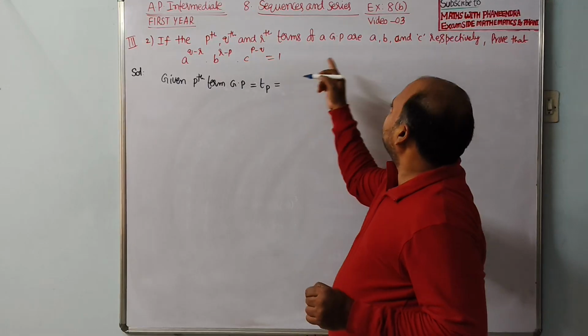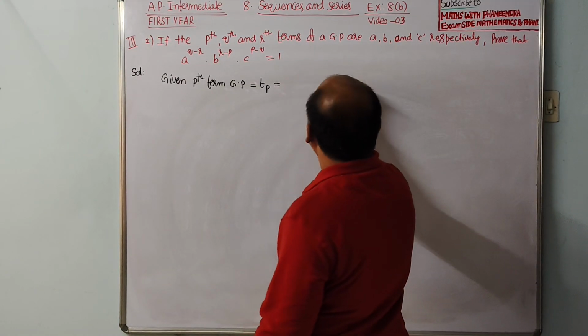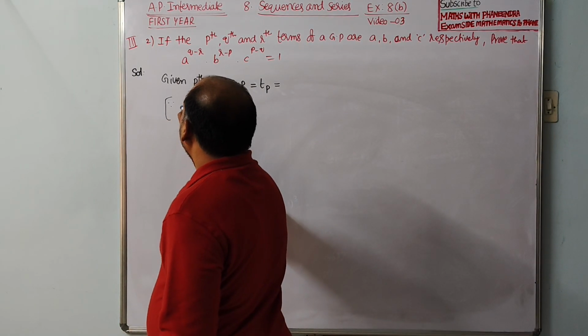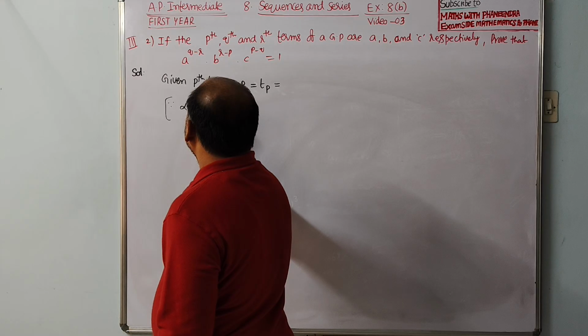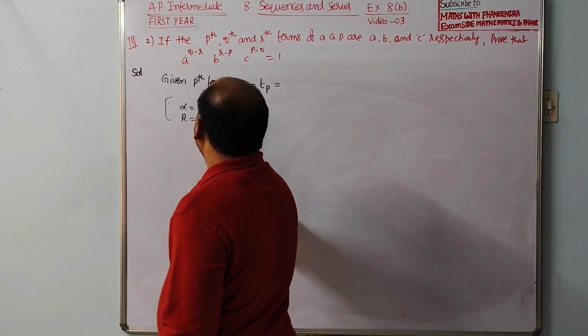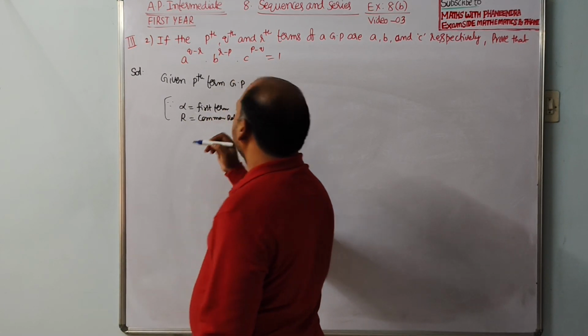Here already a, b, c terms are given, no? So what I am taking is alpha is the first term. Here we are assuming that alpha is first term and common ratio, capital R is common ratio. Okay, dear students, this is the way I am taking.